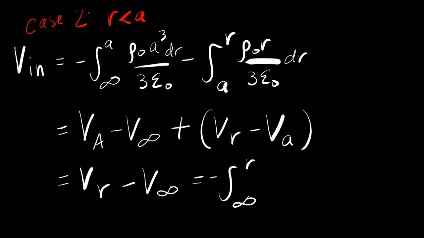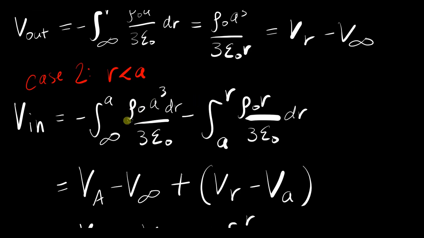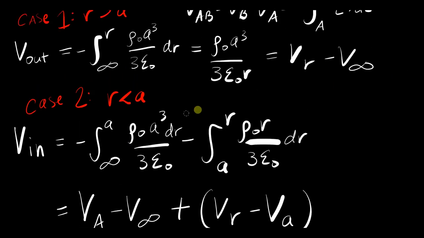Once you work out all the algebra here, for this term right here, you'll notice it's basically the same integral as this one, which we already did, except we integrate to A. So you can take this and just let R equal A.